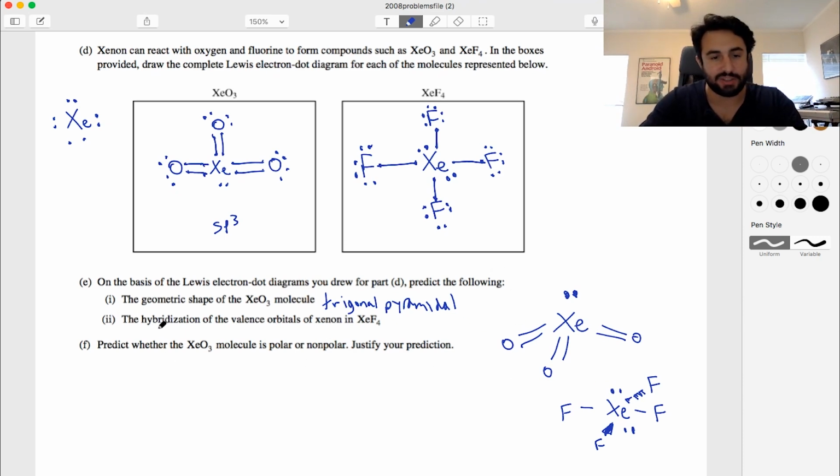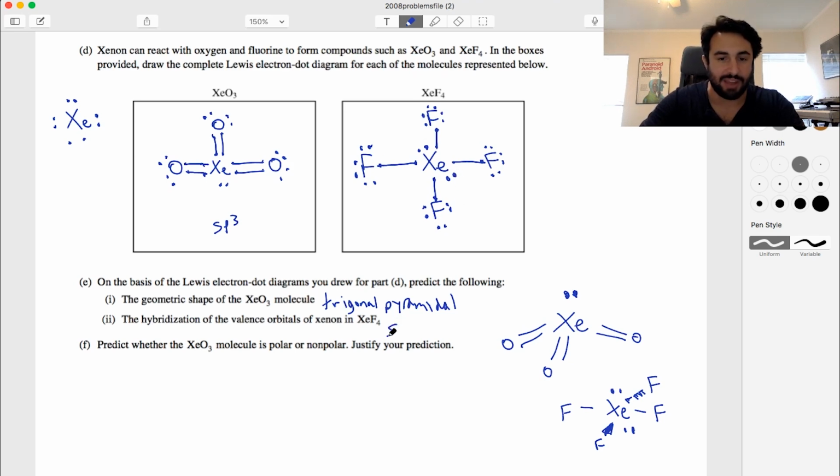But the second part is asking the hybridization of the valence orbitals of xenon. And honestly, we need to be able to understand that for both. We needed to know that this was sp3 hybridized in order to answer part 1 anyway. But over here, we can see as well, xenon has 6 electron domains. 1, 2, 3, 4 fluorine atoms, and then 2 lone pairs.